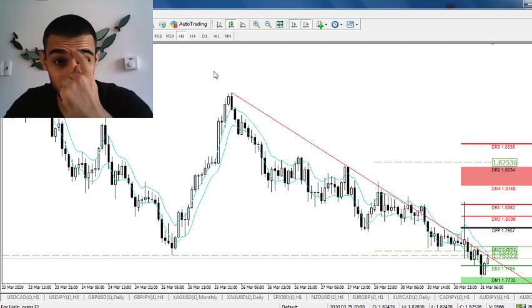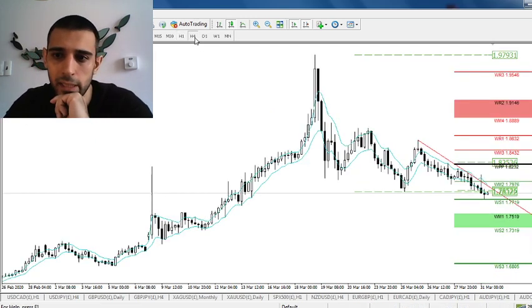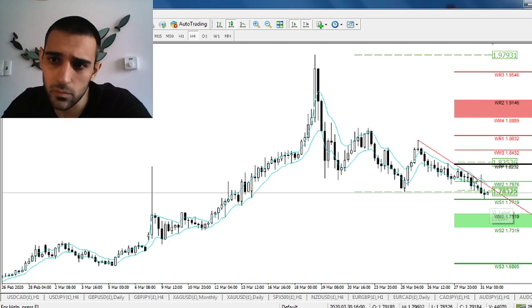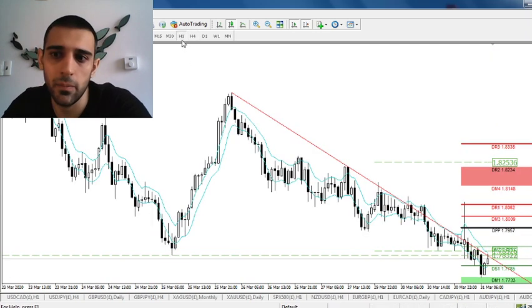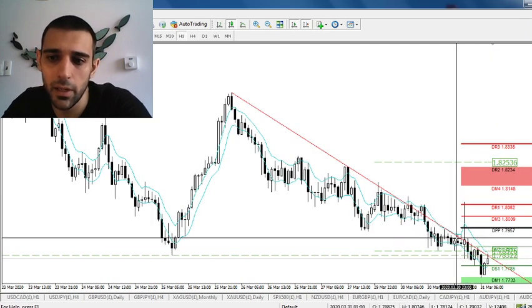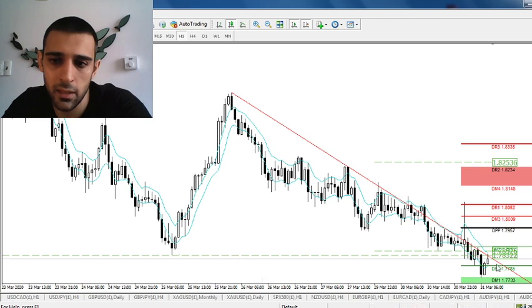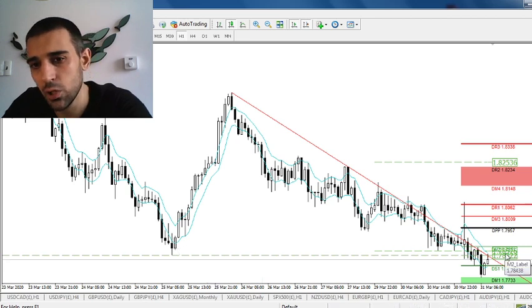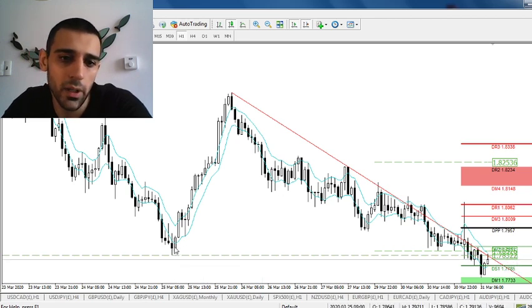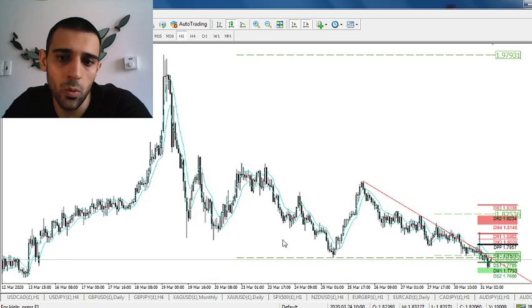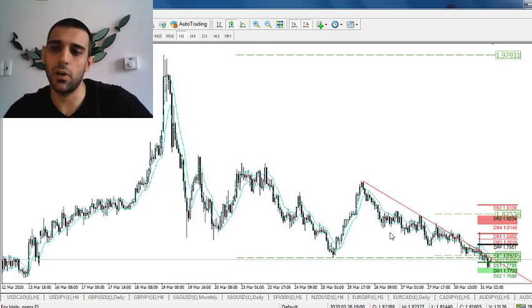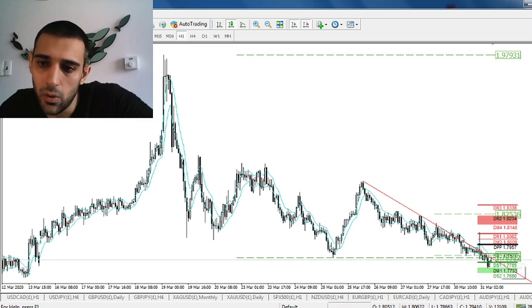This is a 4-hourly trend line still in play, and the price is coming up. We got this low, but I thought it was going to turn. So the price came up, tested this trend line, and we had this 1-hourly low here, the prior low, and the price having a reaction.